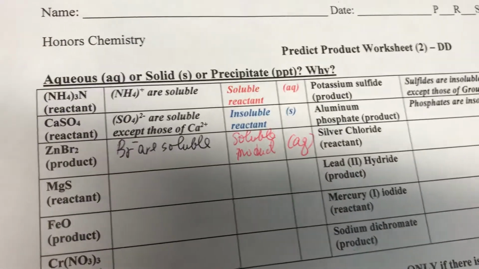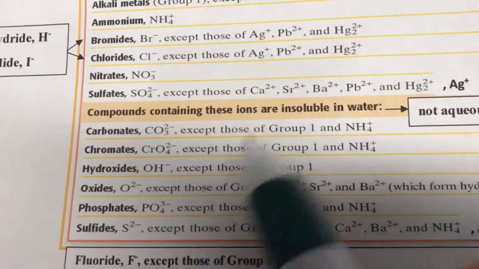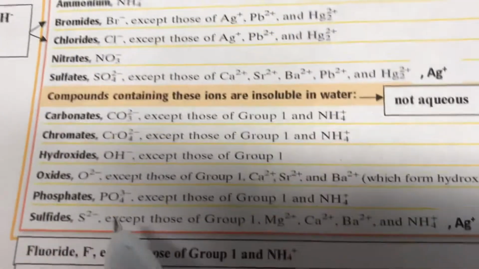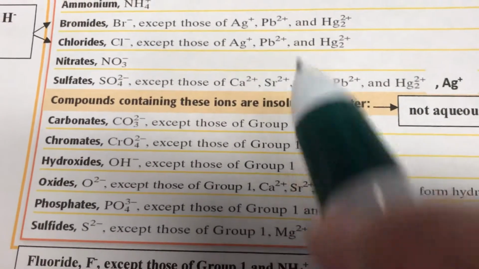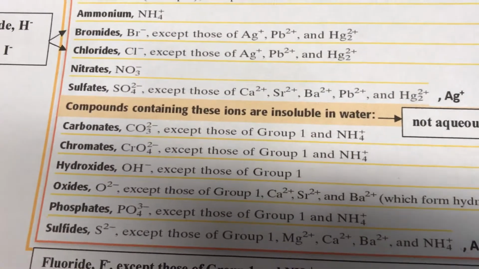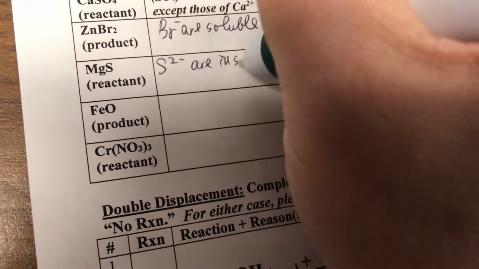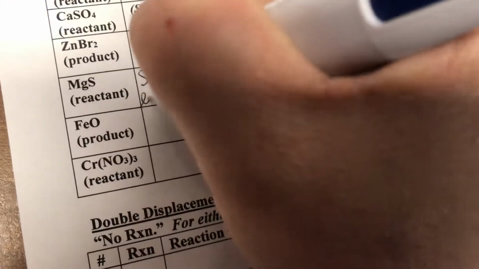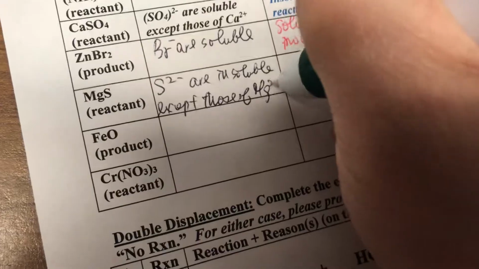Now let's say I'm reading Mg sulfide, so we read the negative ion, sulfide. Sulfides are insoluble. Is there any exception? Yes, except those of Mg2+. So S2 minus are insoluble except those of Mg2+.